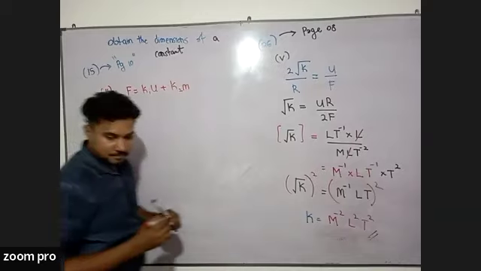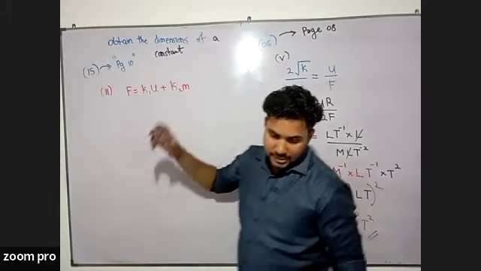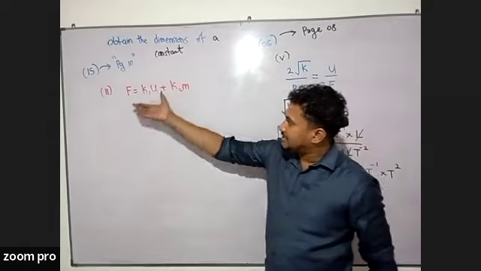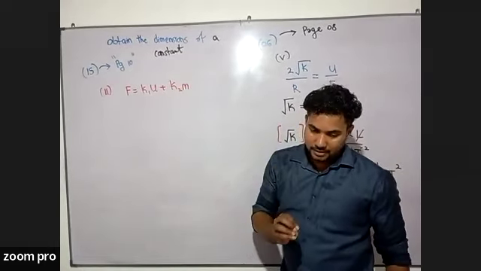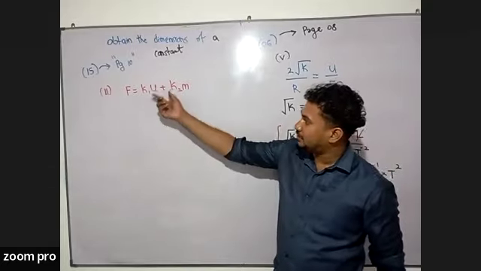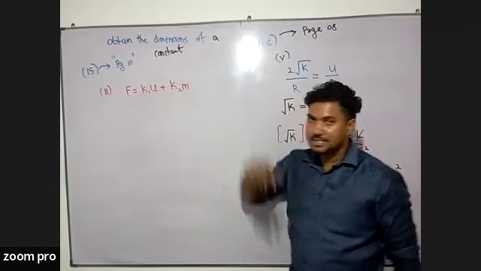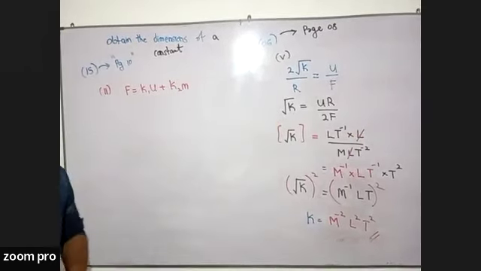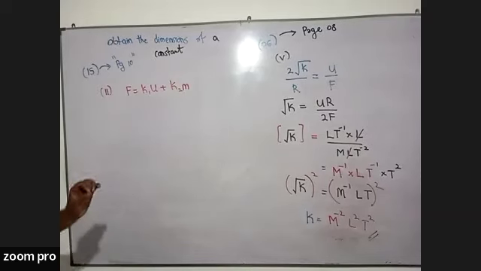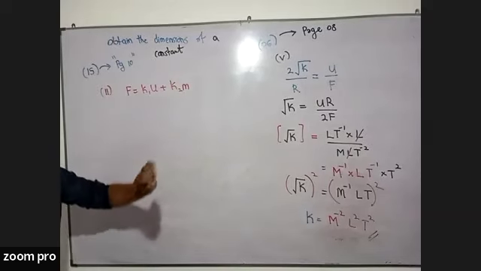So guys, in this question, this equation consists of two constants, right? So you have to obtain the dimensions of k1 as well as k2 separately, right? In the previous question, we went through how to obtain the dimensions of a given constant.